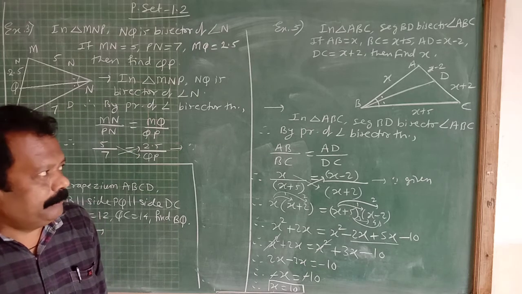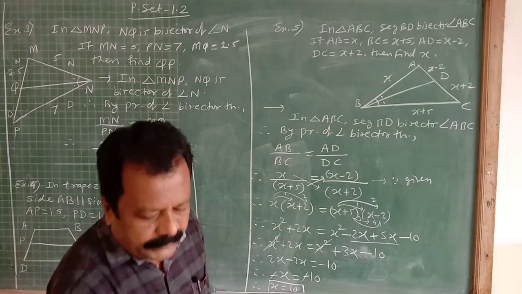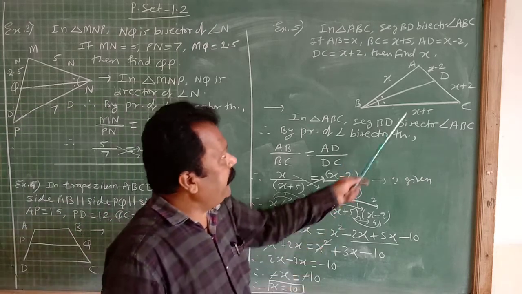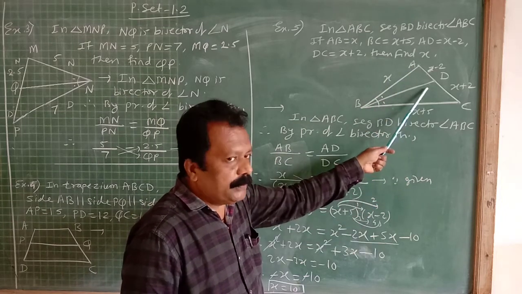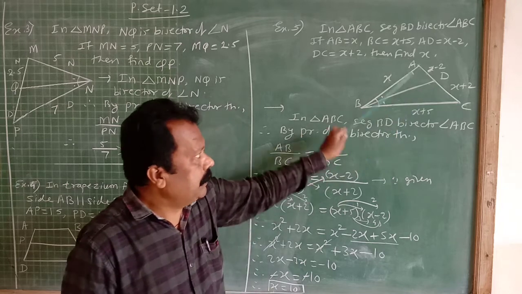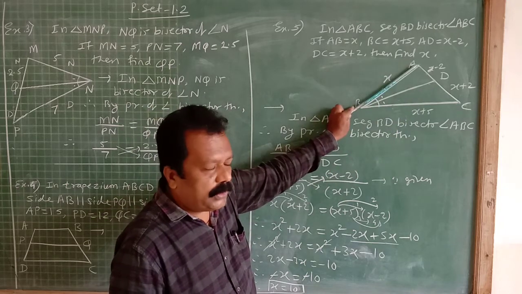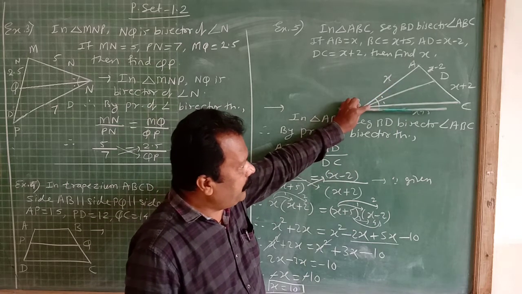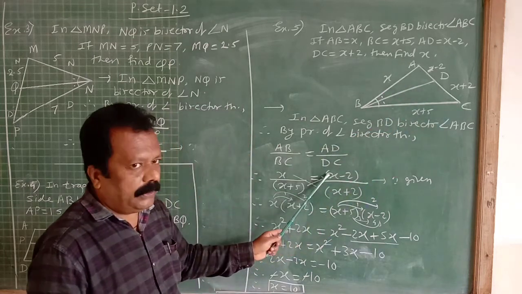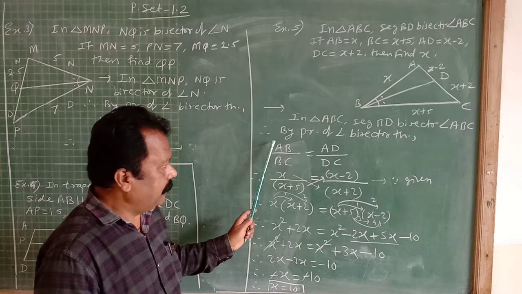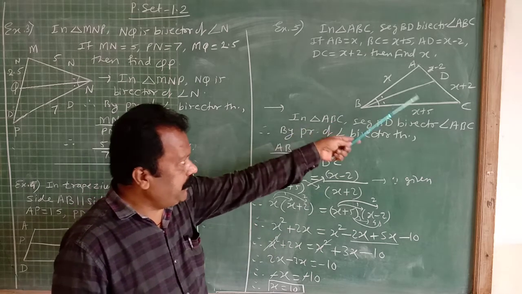See again one time. In triangle ABC, segment BD is the bisector of angle ABC. So use property of angle bisector theorem. So taking the ratio of sides at the left side, AB upon BC is equal to AD upon DC according to property of angle bisector theorem. Now substitute that value.